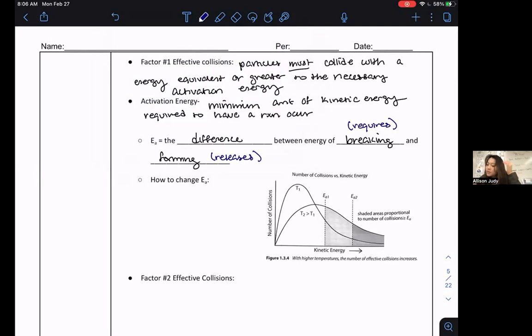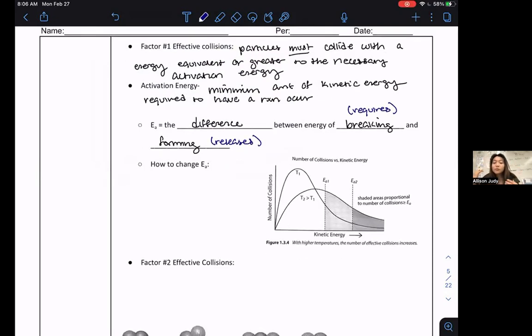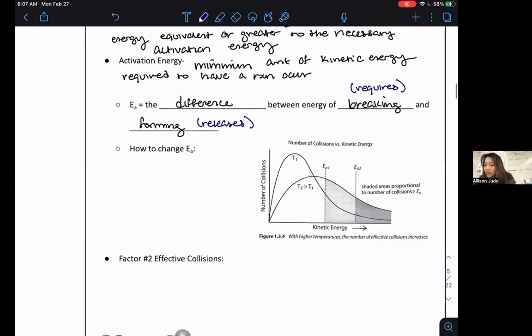So this is probably the number one factor in manipulating and understanding the rate of a reaction. And that begs the question, can we change this activation energy, if this is kind of like the gatekeeper of reaction completion? Here our Maxwell-Boltzmann curve shows us that it is possible.